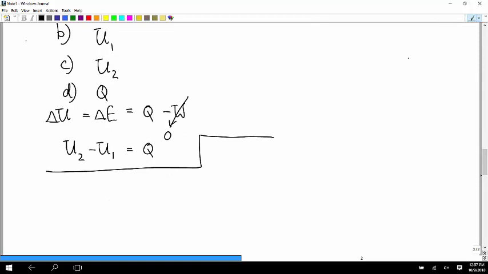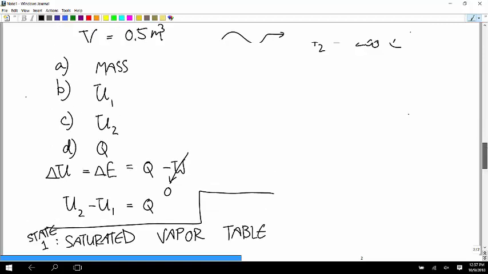So first for the mass, it starts out as a saturated vapor. This is at state 1. And so you can use a saturated vapor table at, what did it give us? The pressure, right?